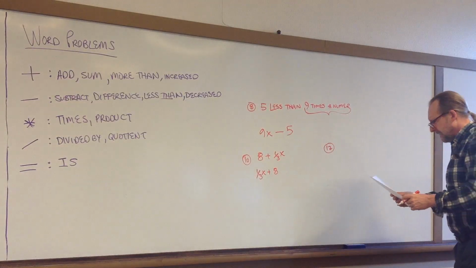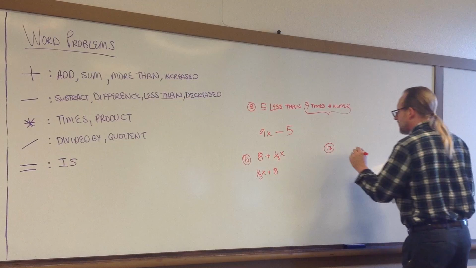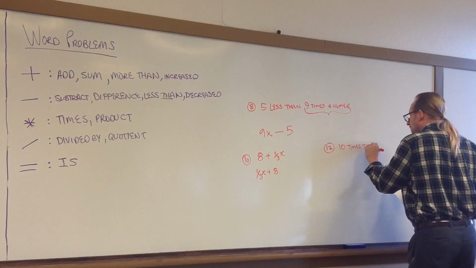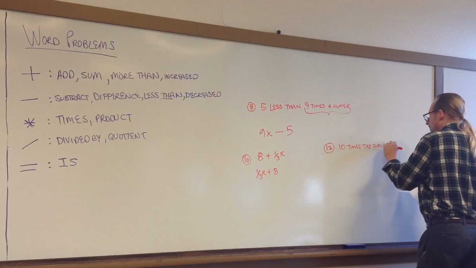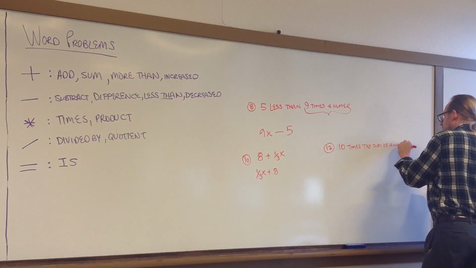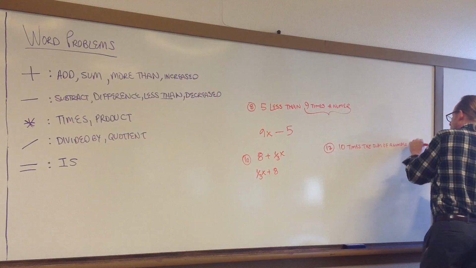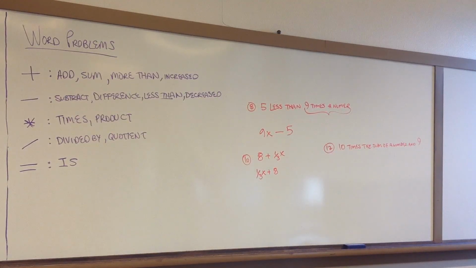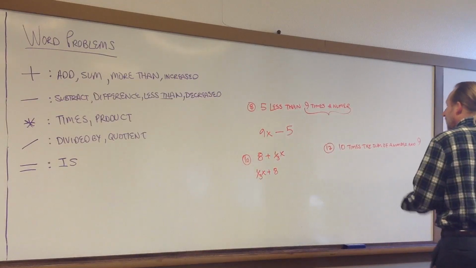Problem 12, 10 times the sum of a number and 9. So let me write this out. 10 times the sum of a number and 9. Okay. So we know that we're going to multiply 10 times something.